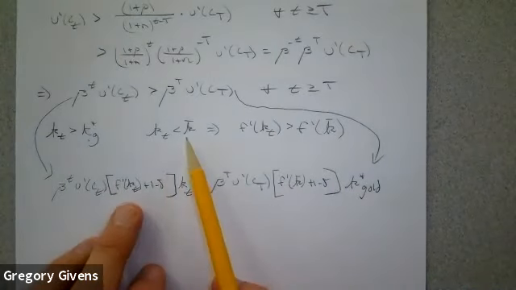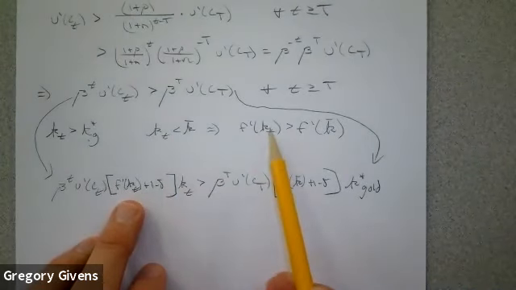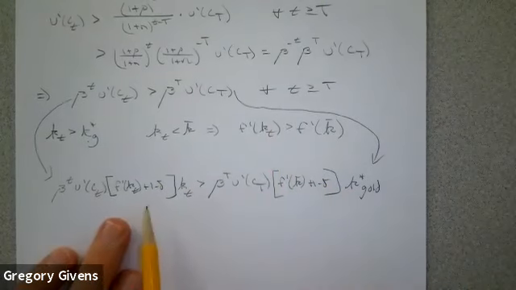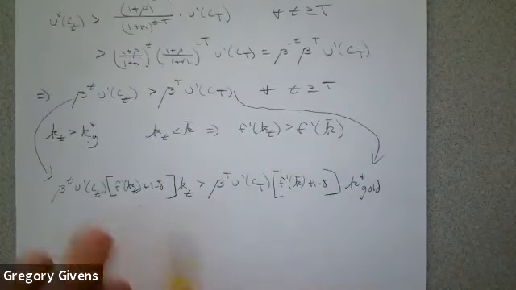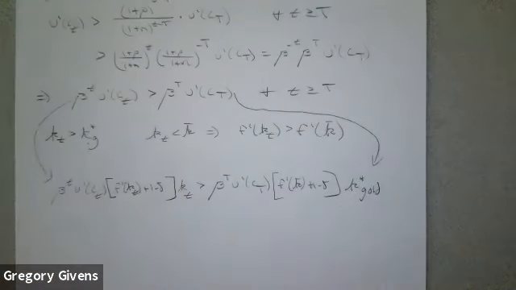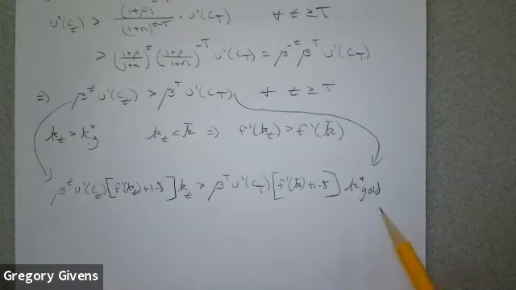Well, if k_t is less than k bar, then F prime of k_t is bigger than F prime of k bar. And so again, I'm multiplying the left-hand side by something that's bigger than the thing I'm multiplying on the right-hand side by, so the inequality is still going to hold. And this must hold for all time little t, including infinity.